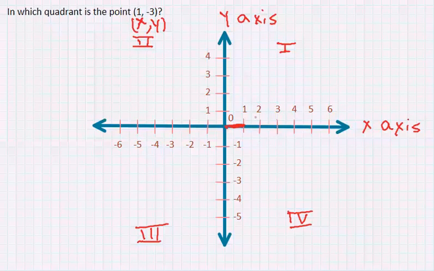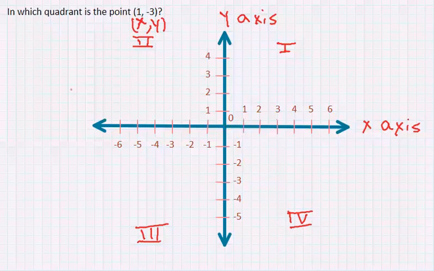And to get to -3, we would go up or down because the y-axis goes only in the up or down direction. And because this is -3, we will go down 3. 1, 2, 3. So here's the point (1, -3), and we find that it's in the 4th quadrant.